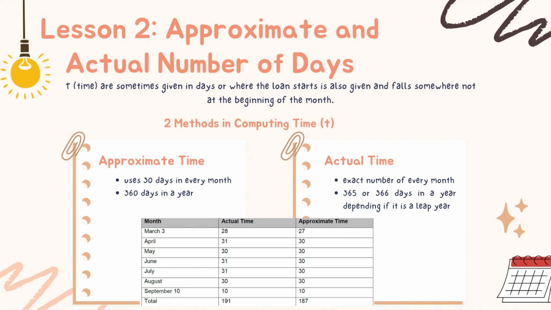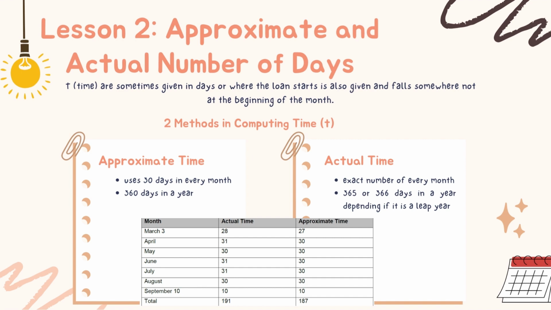That's for the approximate time. However, for the actual time, it refers to the exact number of days. So it's either 365 or 366, depending on whether it is a leap year.